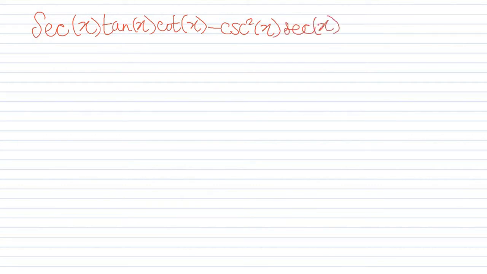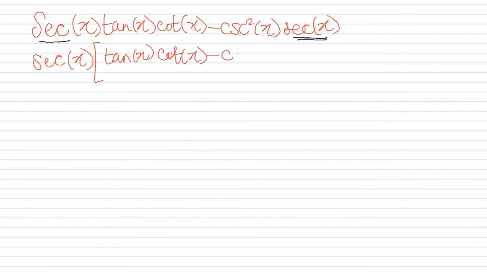When we want to simplify, because we have secant on the left side and on the right side, let's first bring out secant and see if that makes our work easier. Hopefully it does. Actually, usually it does when you bring stuff out. So you bring secant x out, and you have tan x cotangent x minus cosecant squared x. So this is what we have.